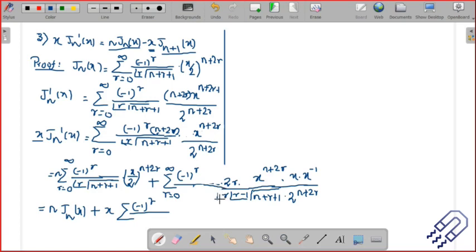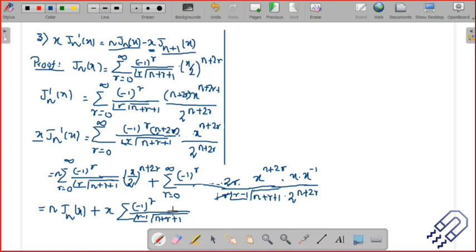So this is r into r minus 1, so this r and this r will get cancelled, and I'll have at the denominator factorial r minus 1 into gamma n plus r plus 1.